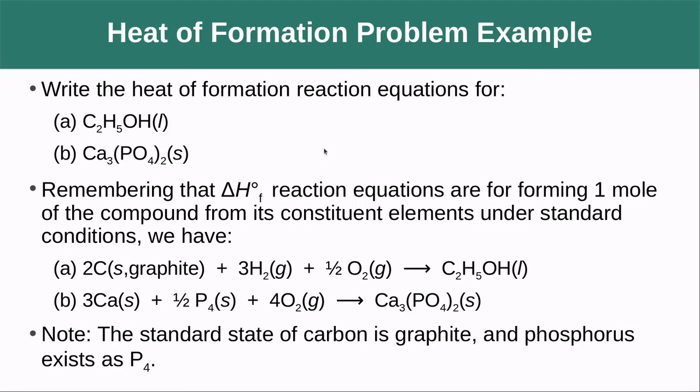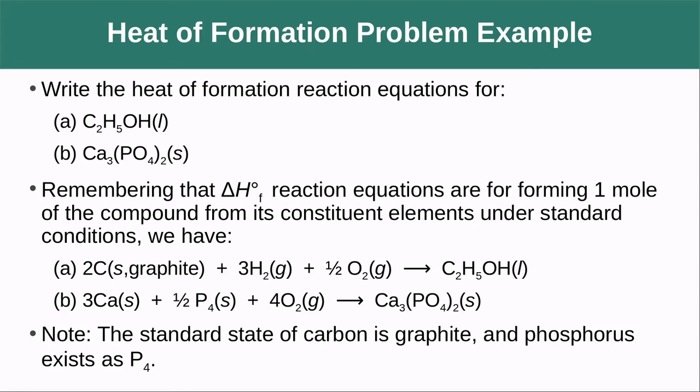All right, so let's look at some examples here. We're going to write the heat of formation reaction equations for ethanol as a liquid, and then calcium phosphate as a solid. We're going to remember that the enthalpy of formation reaction equations are for forming 1 mole of the compound from its constituent elements under standard conditions.